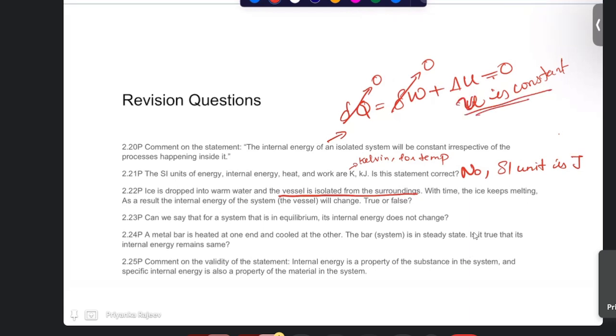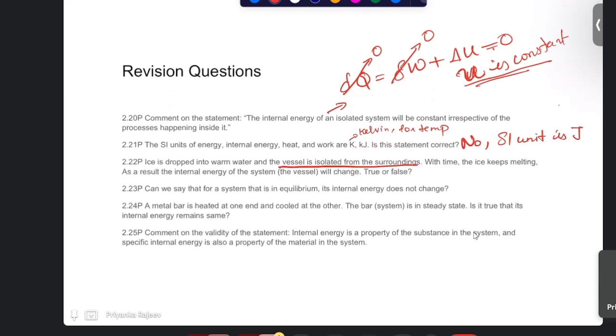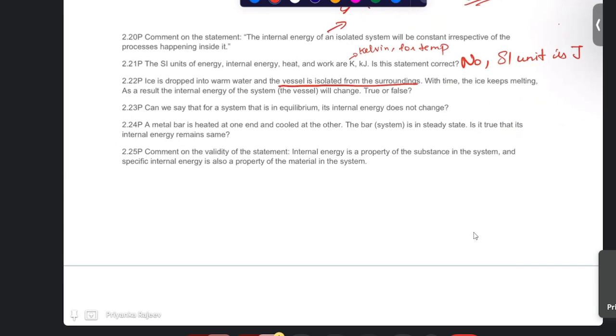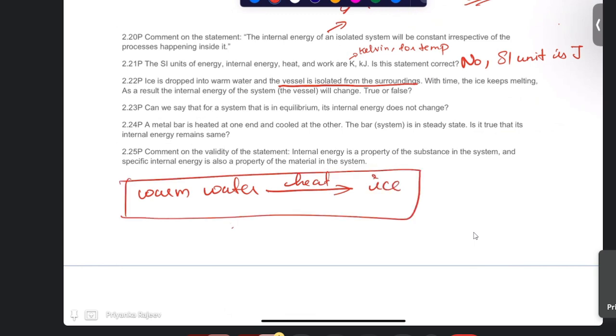So then, what is happening when ice is melting? When ice is melting in warm water, heat is going to ice. Okay, but this is a whole system. That system's U is constant.